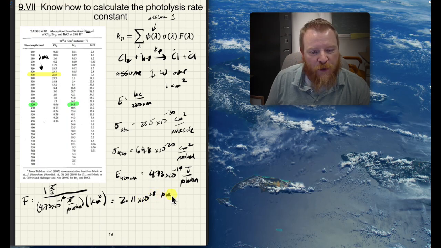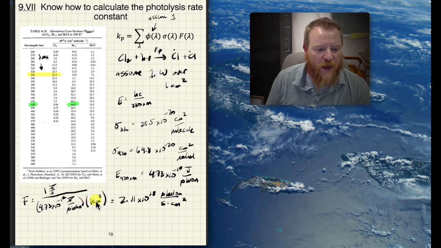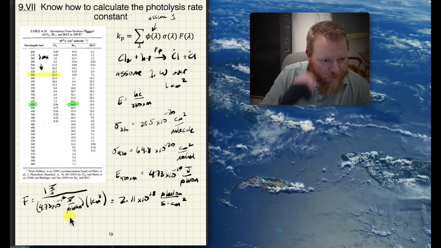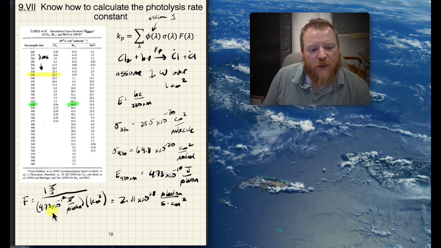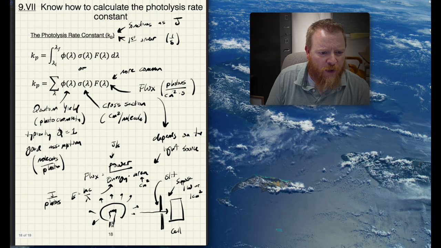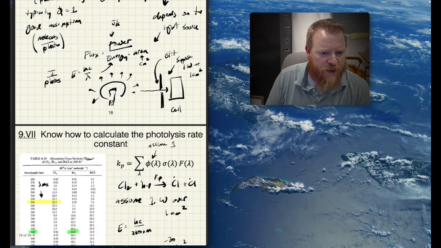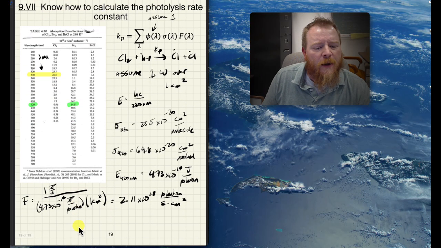That's going to end up with units of photons per second per square centimeter. So now let's see, did I do the formula correctly? Power divided by energy times area. Okay, yes, that was right.